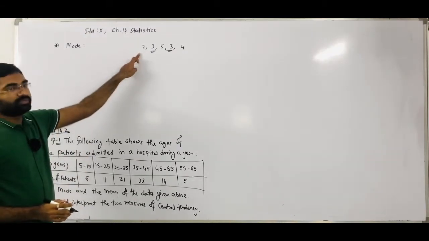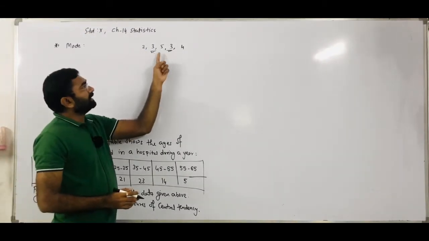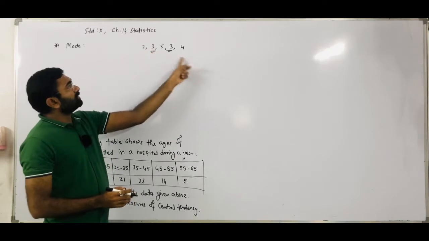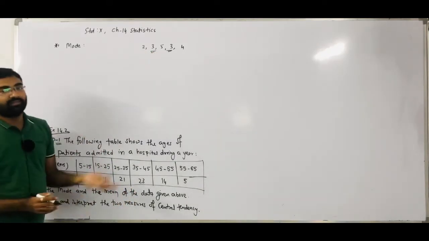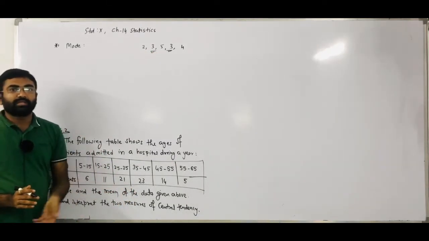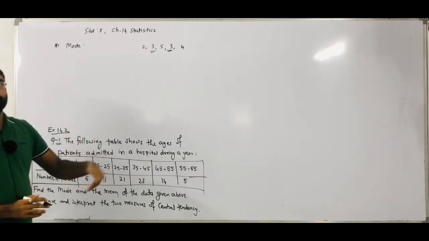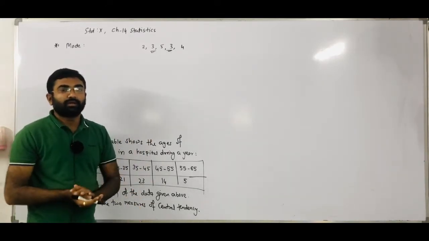So for the given observations, the mode is 3. With ungrouped data, we can easily find the mode by checking which observation repeats most.